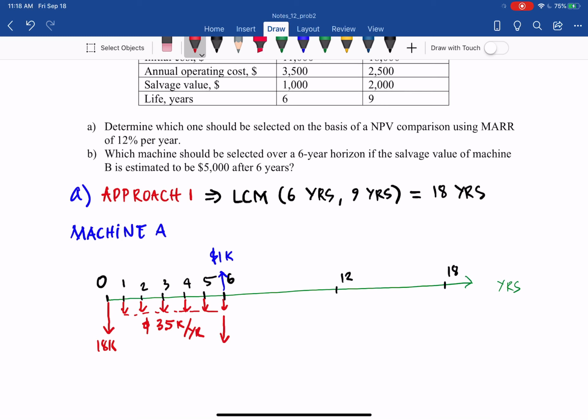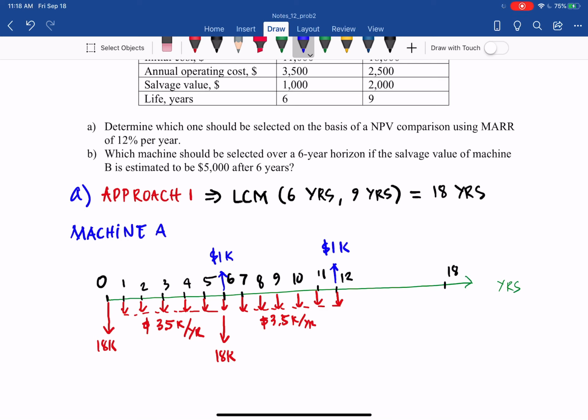As you can see, it may not be practical, but that's what approach 1 is. So we have 18,000, I buy the new machine, and then I will spend operating cost from 7 to 12 with the same amount, for another 6 years, 3,500 per year. And at the end of year 12, I sell that with the same service value, 1K.